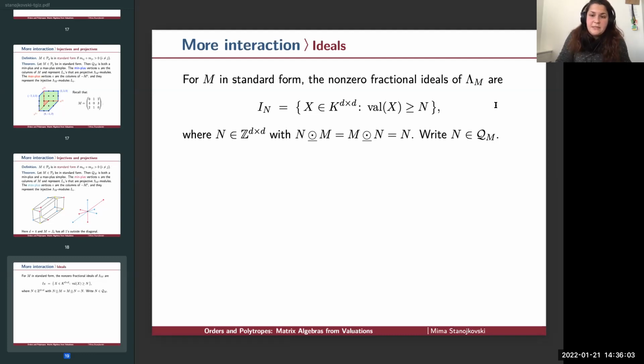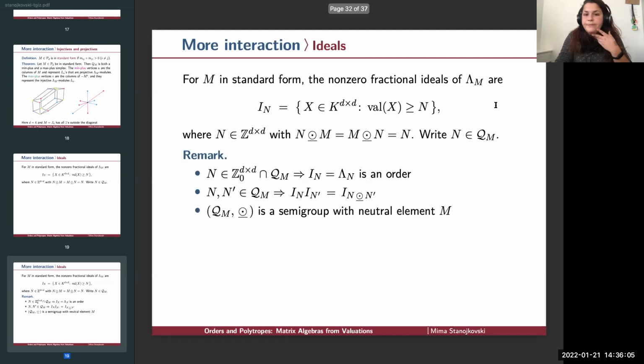We refer to it as the ideal class polytrope. And matrices in there satisfy different properties. So for example, if you take an integral matrix with zeros on the diagonal, then these are just the matrices that define the orders. If you take any two matrices and you multiply these two ideals, well, you get an ideal that is defined by the min product of these ideals.